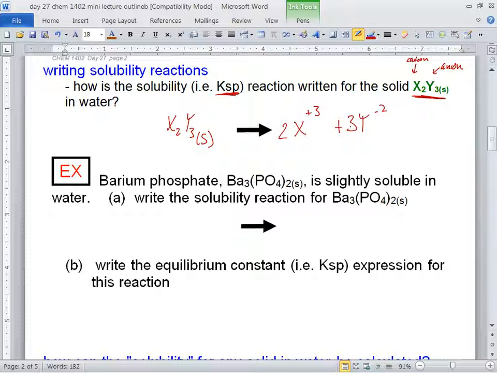Okay, Megan, we've got barium phosphate, slightly soluble in water. How would you write the solubility reaction, the KSP reaction for barium phosphate? Perfect.